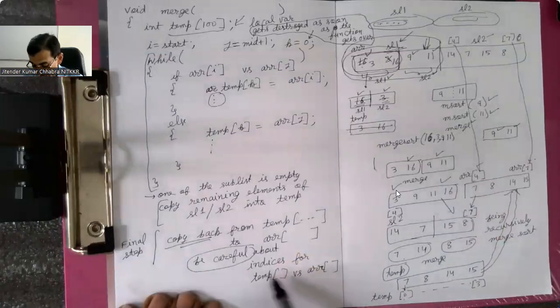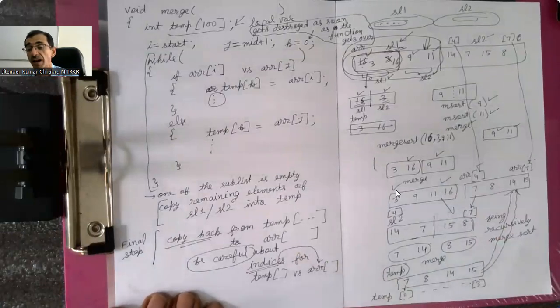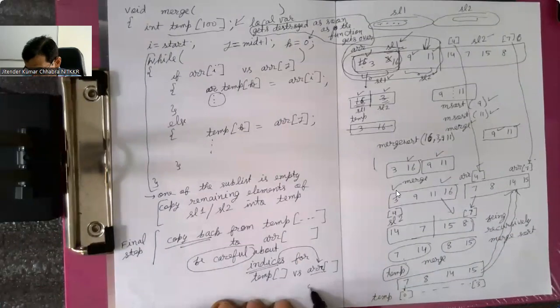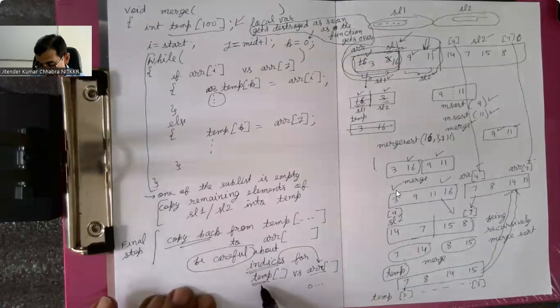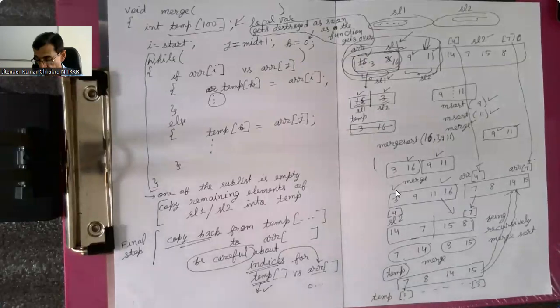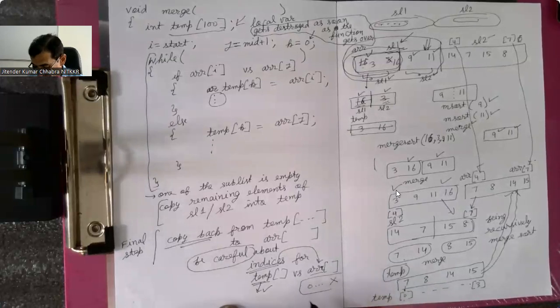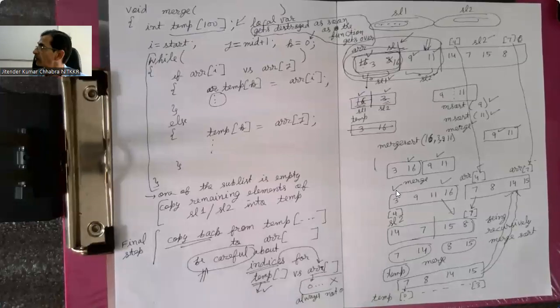So that's why I said you have to be careful about the indices, especially in the ARR. Never assume that indices are always 0 onwards. In recursion, for the right side sublists, indices will not always be 0. But for the temp array, they will be guaranteed 0 onwards. So you have to be always careful. Starting point will not always be 0. Hence, this is what I wanted to tell, that you be careful about this.